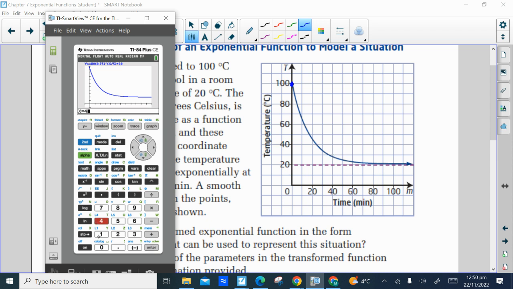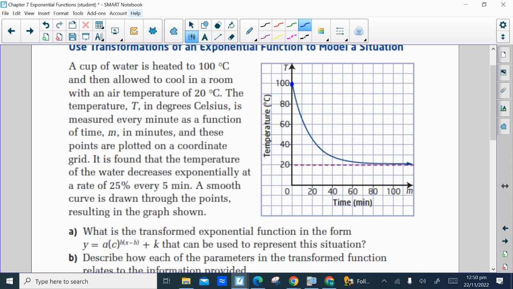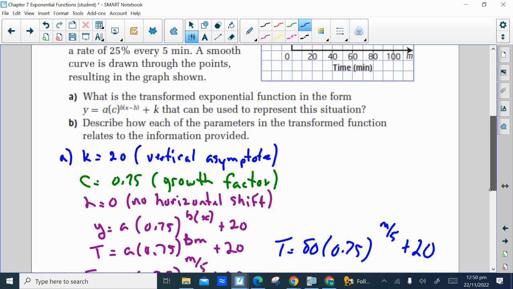So if I let x equal 40, 28.00, and there's more decimals there, but it's just below 30 like we thought it would be. So we're just doing this as a check to make sure. At 100 minutes, it should be just slightly above 20 degrees, and it is. Okay, so we're just checking to make sure that our equation appears to match what was on the grid, so that's our check. So there's our equation. Okay.